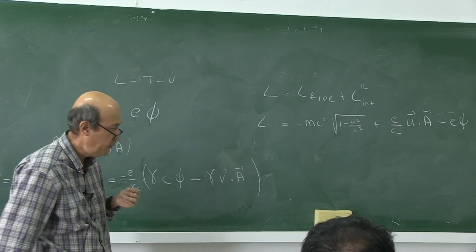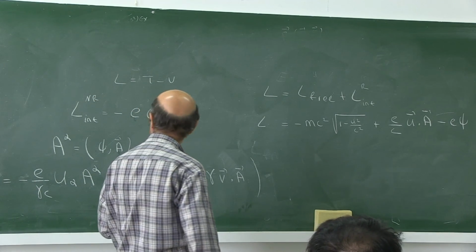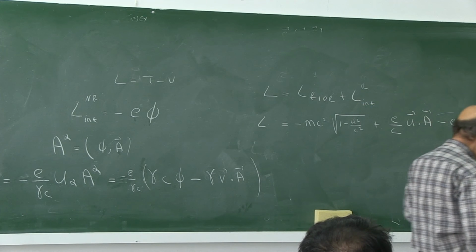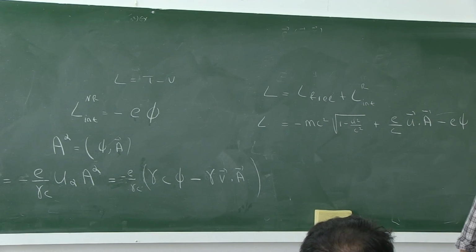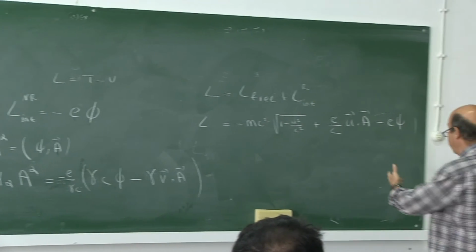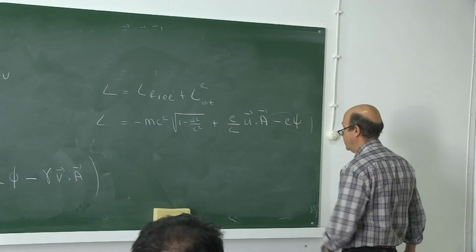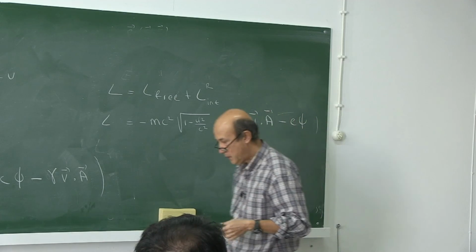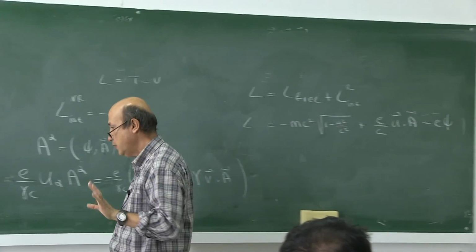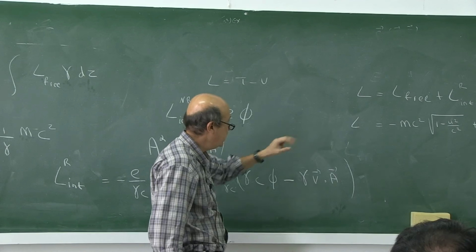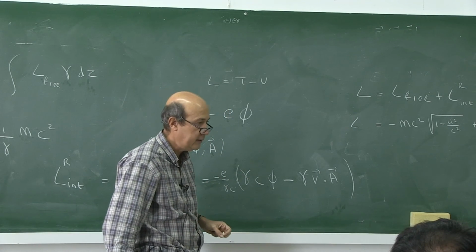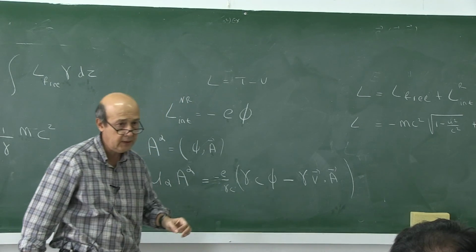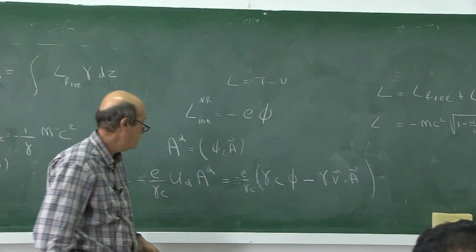The energy part will be modified by the scalar potential, and the momentum will be modified by the vector potential as a canonical momentum. So take this piece, calculate the Euler-Lagrange equation, and find the Lorentz force.